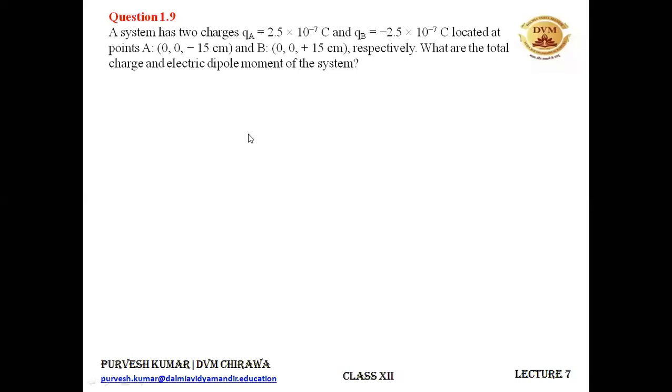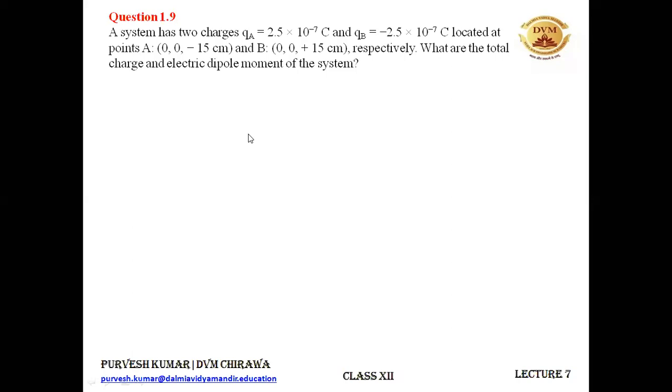They are located at points 0, 0, minus 15 and 0, 0, plus 15 respectively. What are the total charge and the electric dipole moment of the system? Since they are equal and opposite charges, they construct an electric dipole. We need to calculate the total charge of the system as well as the electric dipole moment.